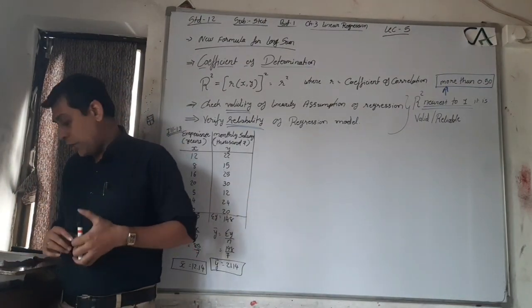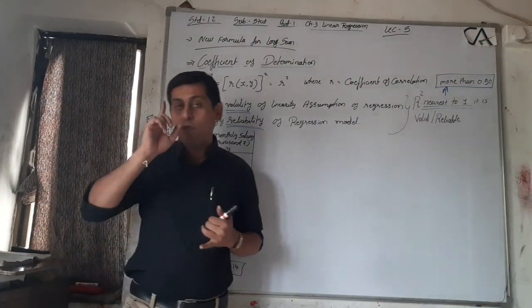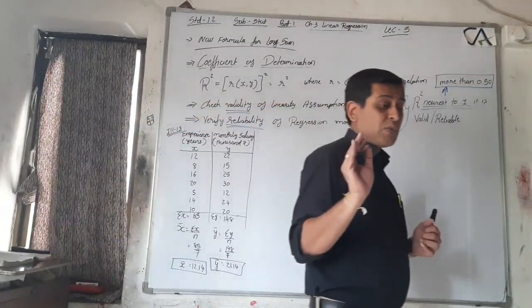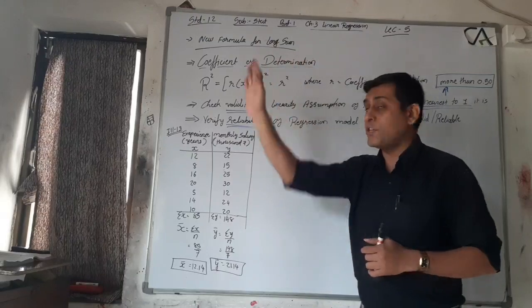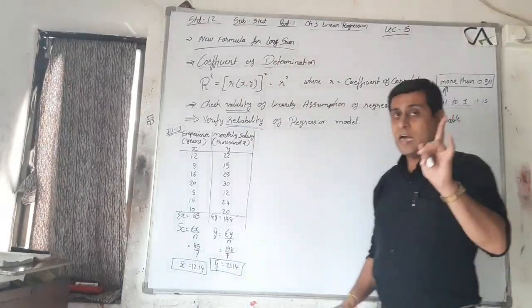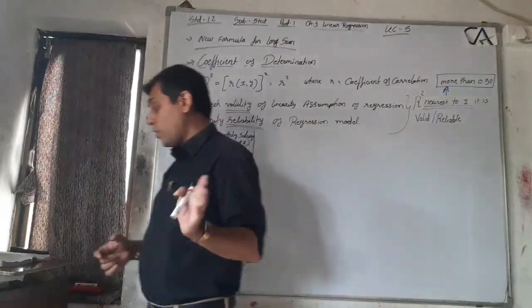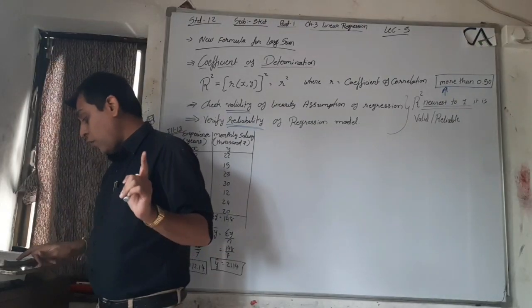So the main question: calculate the coefficient of determination. See, they specifically ask to calculate the coefficient of determination, so you have to find out R square first. And another question is given: check the validity.